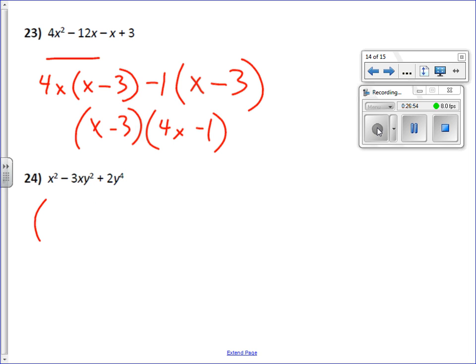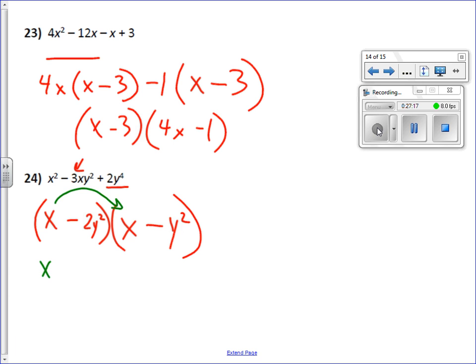The bottom, break that up into x and x, and to get 2y to the fourth, we'd have to do a 2y squared and a 1y squared. But if we wanted to get negative 3, they'd have to both be negative. And to check that, you would find that that's x squared, that's minus xy squared.